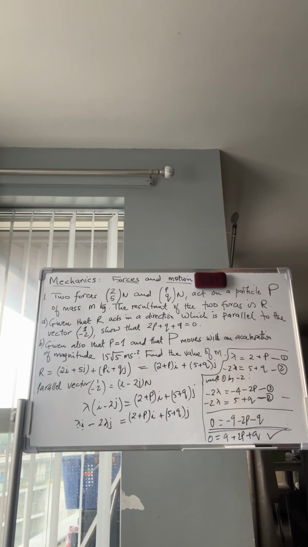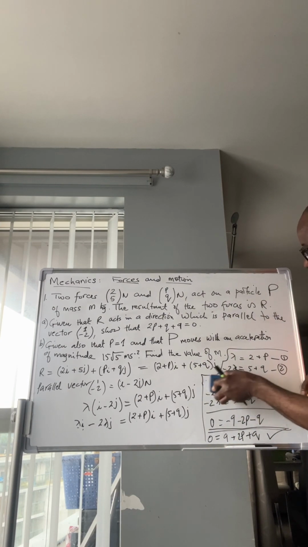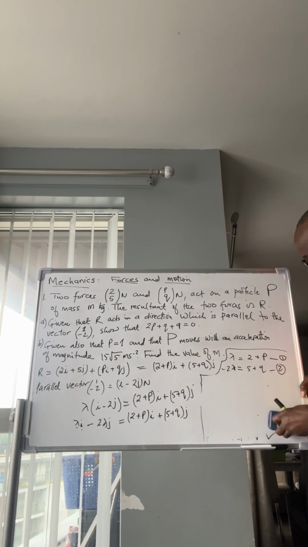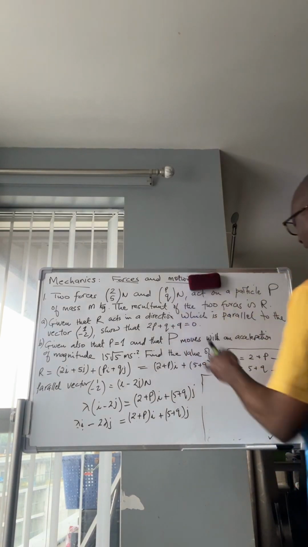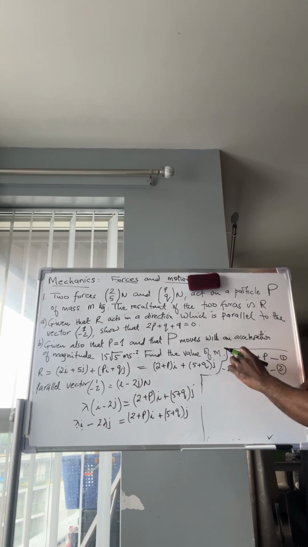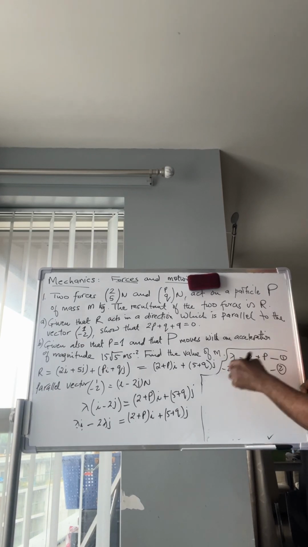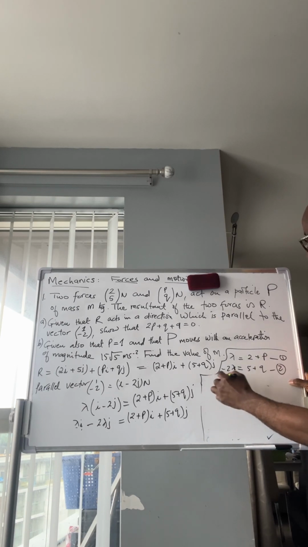Part A is solved. If you don't want to do it this way, if the substitution method is complicating for you, then what do you do? You have lambda equals to this. So substitute for lambda in this equation here. So substitute equation 1 in 2.